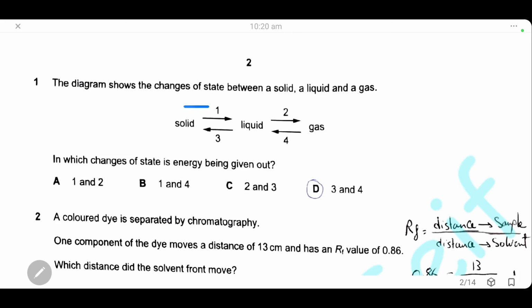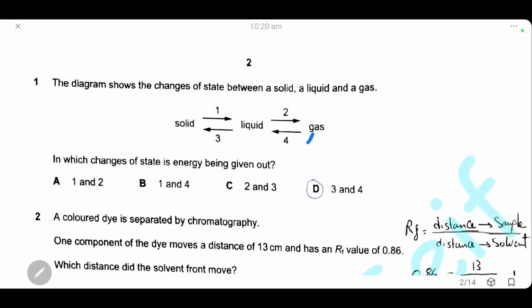The diagram shows change of state between solid, liquid, and a gas. As we can see, we have 4 changes in state, in which a change of state is energy being given out. We know that gas particles are at a higher energy level and have more kinetic energy than the liquid particles, and the liquid particles are at a higher energy level than the solid particles.